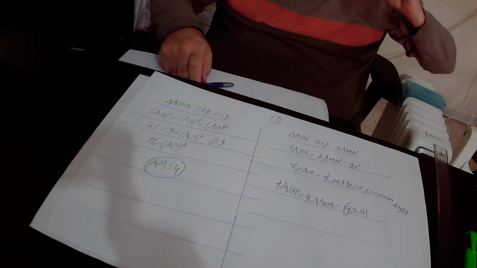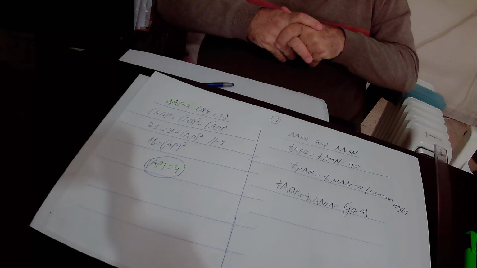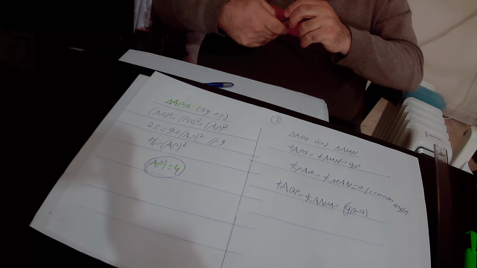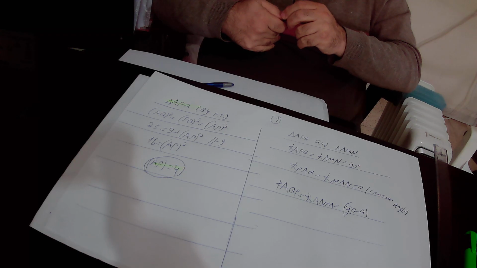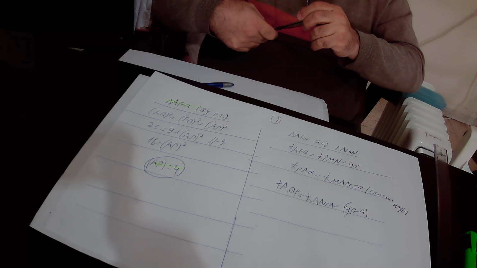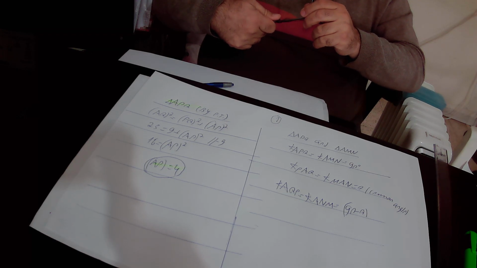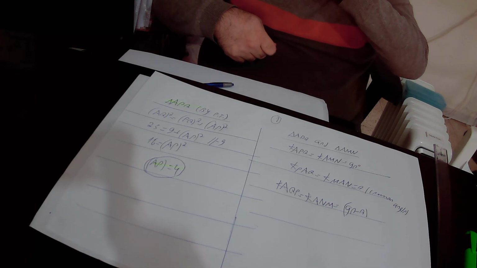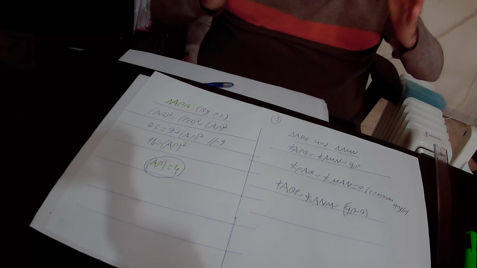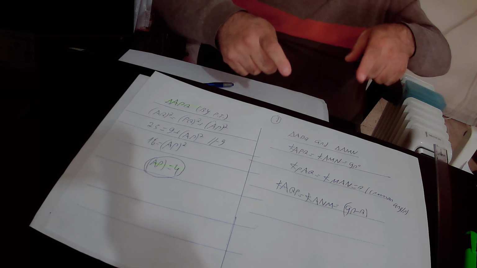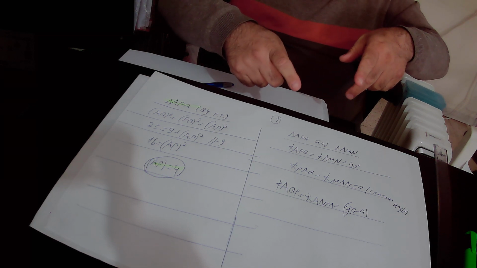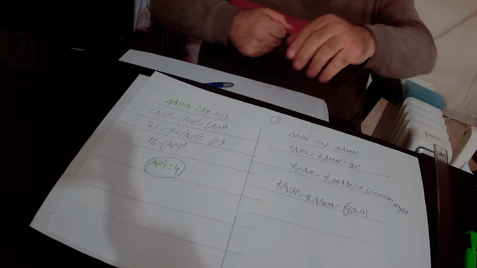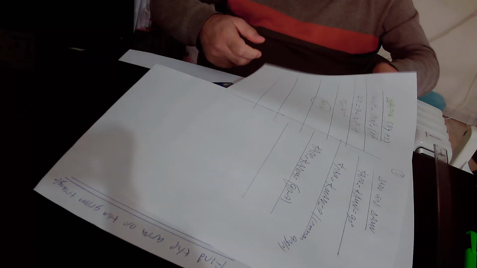So we succeeded to prove that all the angles in the big triangle are correspondingly equal to all the angles in the small triangle. Therefore, we actually proved that those two triangles, triangle APQ and triangle AMN, are similar to each other according to the angle similarity rule. I'll write it down.